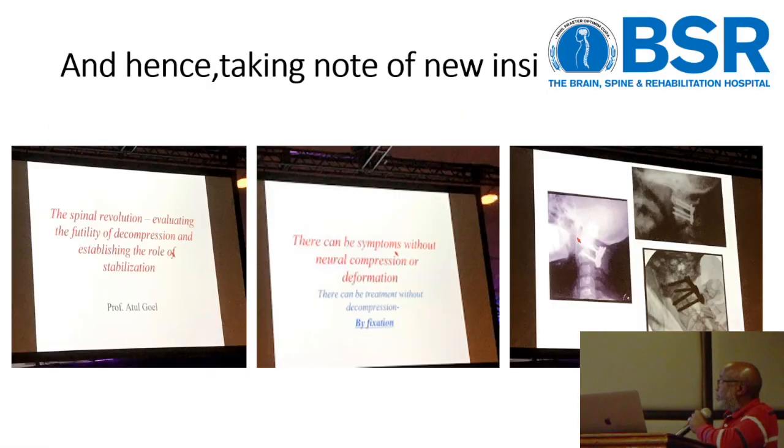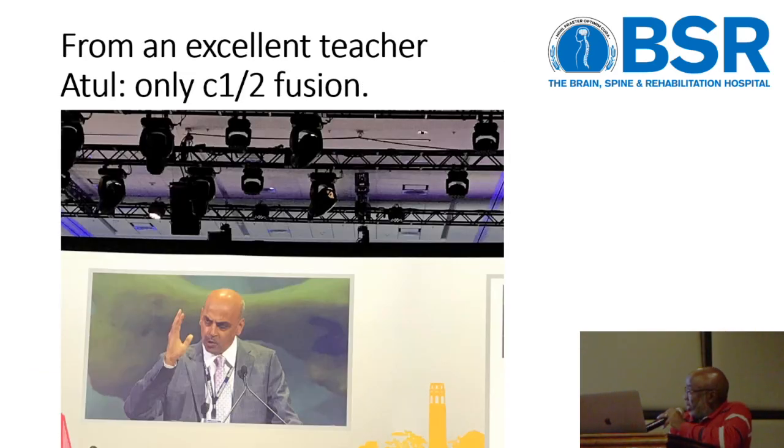So, taking note of new insights, Goel says for basilar invagination, you just fuse C1, C2. And you know his famous saying, only C1-2 fusion.